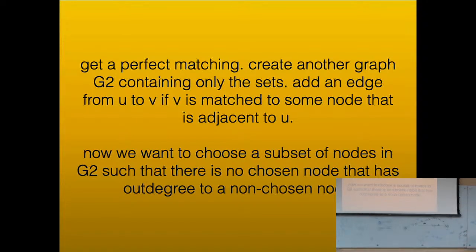Because you don't have to use the set in the perfect matching, right? So basically, if let's say this is the set and this is the number, and this set has, let's say, all the numbers, this constrains that if this set is chosen, this must be chosen as well. Let's say this is the perfect match.